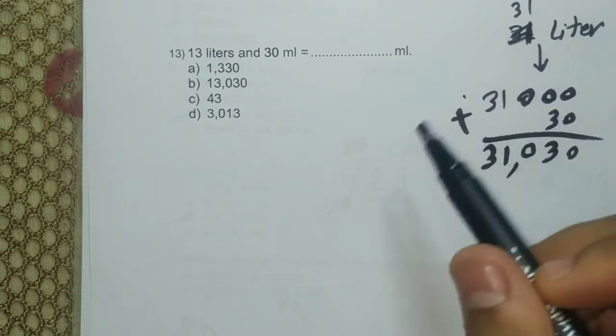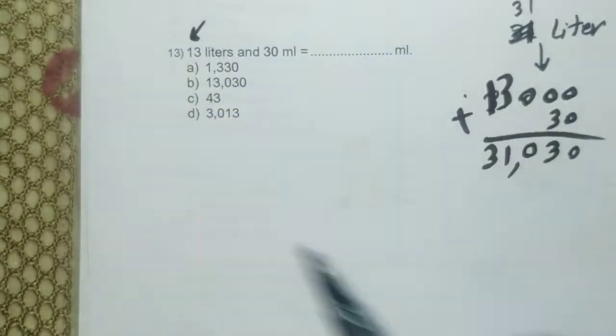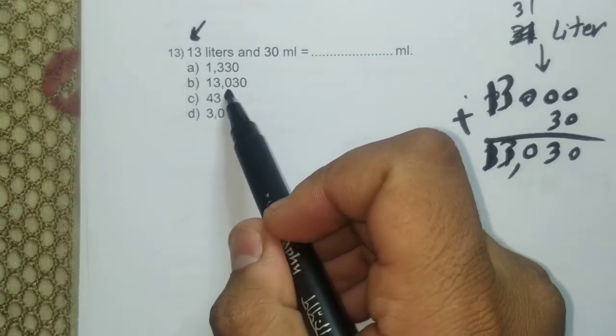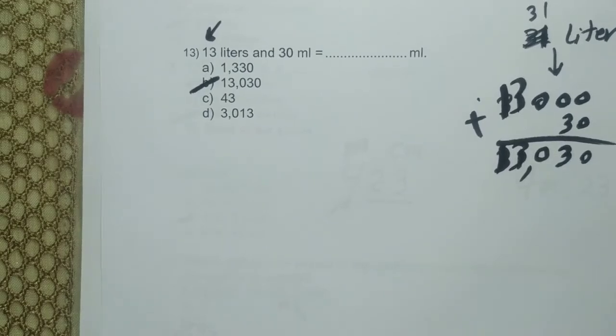Wait a minute, it's 13 not 31, sorry for this. It's 13. It will be 13,030, and the answer will be number B.